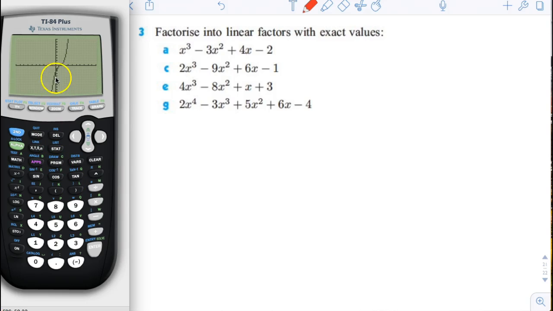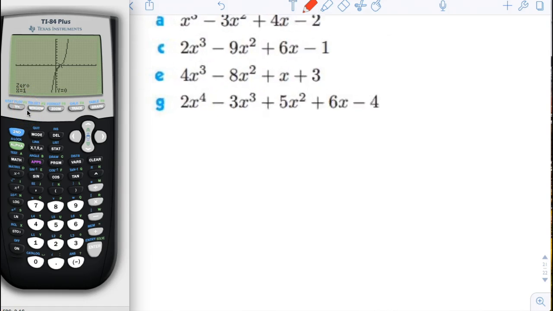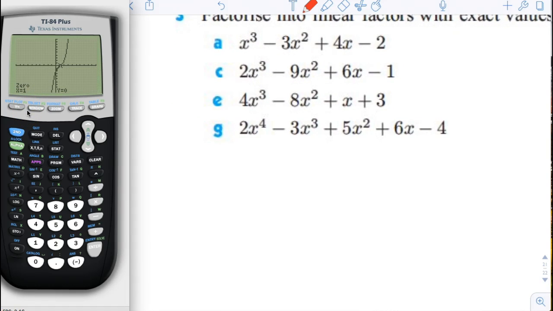Okay, and let's find this 0 here. Second calc, zero. Left bound, it's already on the left, let's move to the right. Guess. Okay, so there's a 0 at 1. So one of our roots is 1.